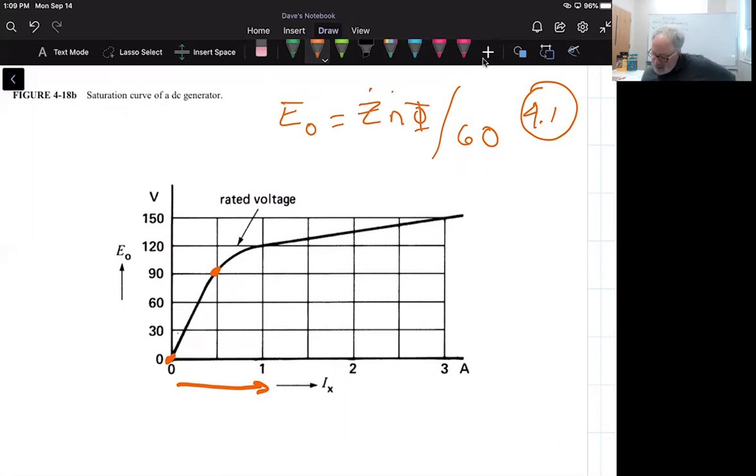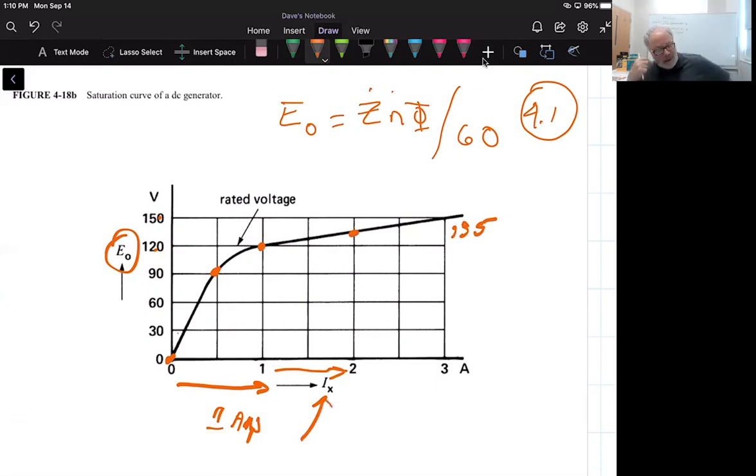So we can see this direct correlation here between excitation current and rated voltage output, armature voltage. 0 to 1 amp gets me 120 volts out. So there's an expenditure, you might say, of 1 amp. Then going from 1 amp to 2 amps, I go from 120 volts to the difference between 120 and 150. So what's the difference? 30, add 15 volts, so I would be at 135 volts for the next input of 1 amp of excitation current.